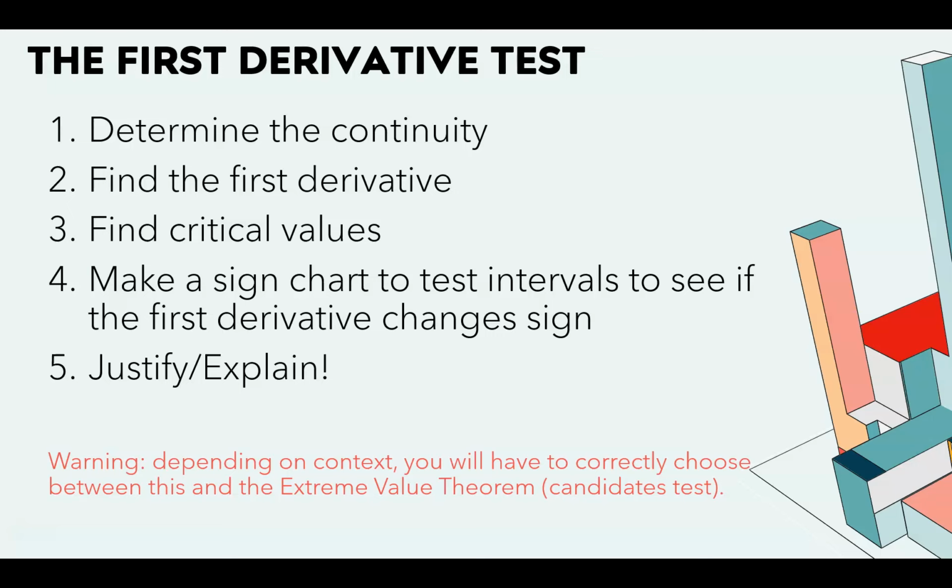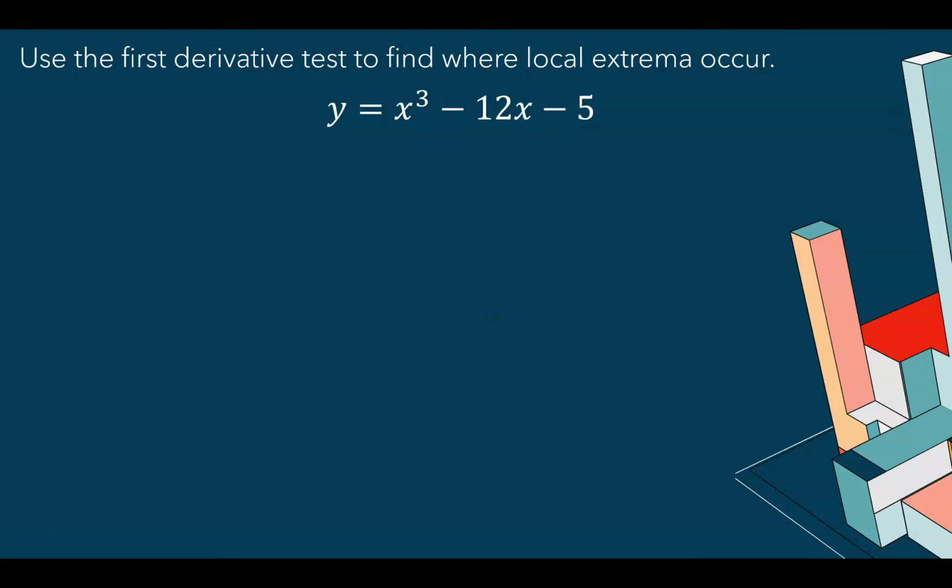Now watch out. Depending on context, you have to correctly choose between this first derivative test, looking for a maximum or minimum in a sign chart, and the extreme value theorem, the candidates test. It's just one of those playing-the-game sort of things. So we're going to use the first derivative test to find where the local extreme values occur for x cubed minus 12x minus 5.